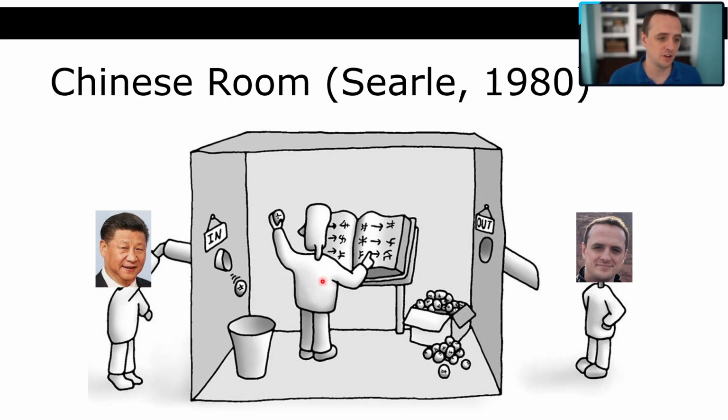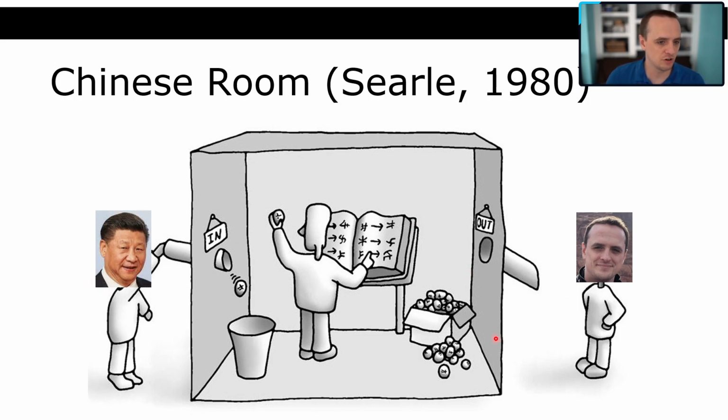So, for example, if we take the example here of translating Mandarin Chinese to English, then what this person is doing is taking in symbols or words, looking up the translation in a book, finding the symbol in English, and throwing it out the output, okay?